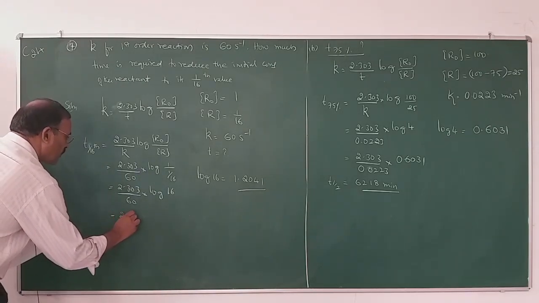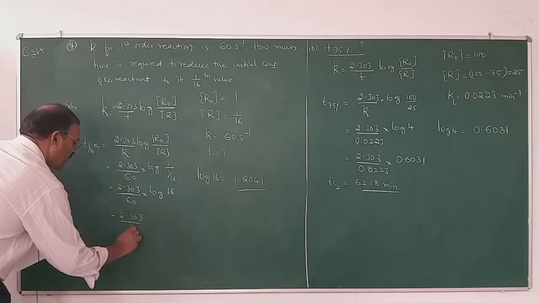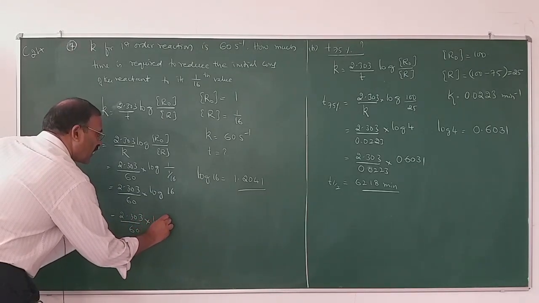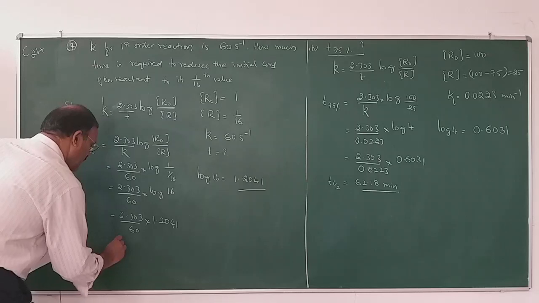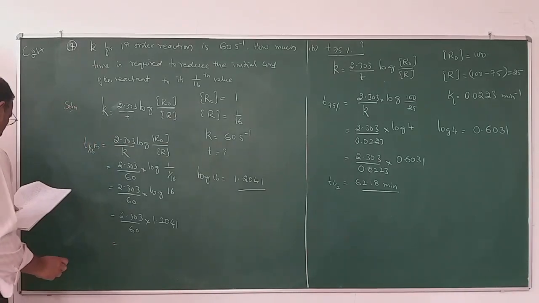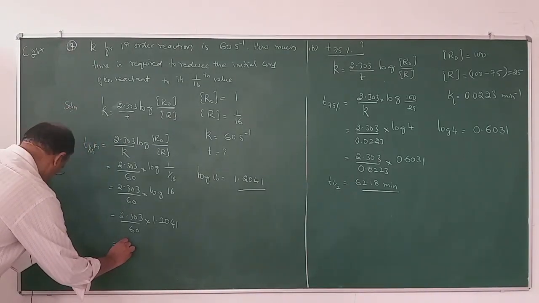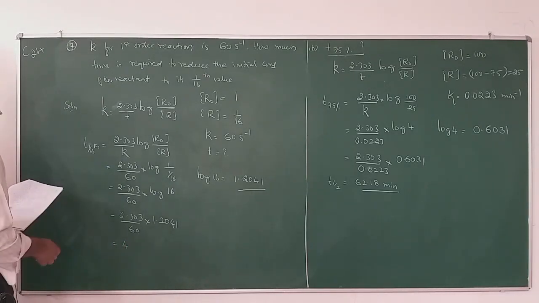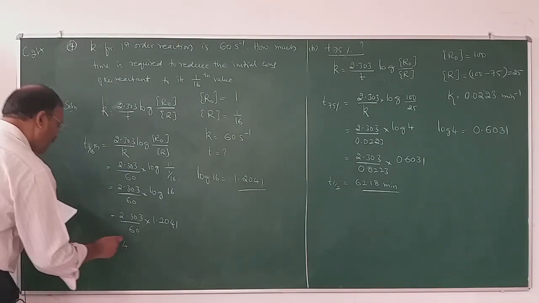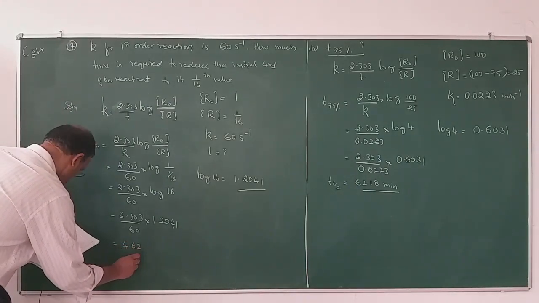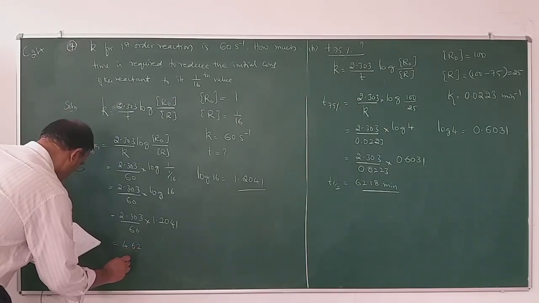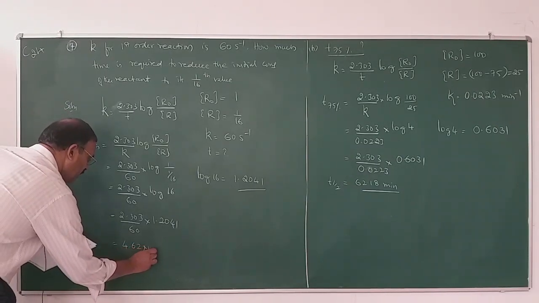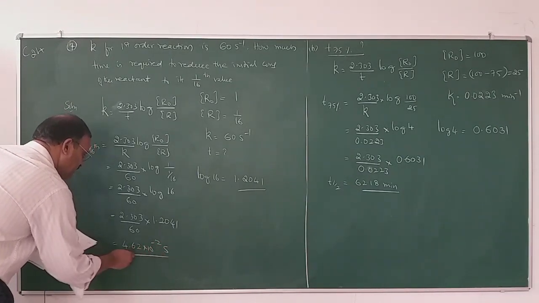This is 2.303 divided by 60 into 1.2041. So the value comes to 4.62 into 10 to the power of minus 2 seconds.